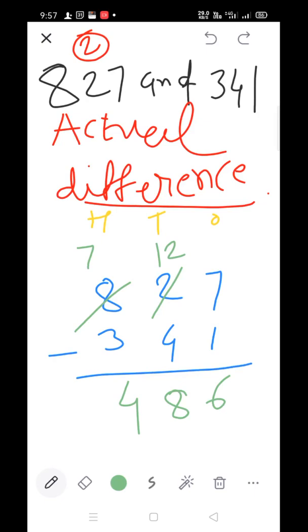Right? Please mute yourself. Write down the third example. Completed till here.